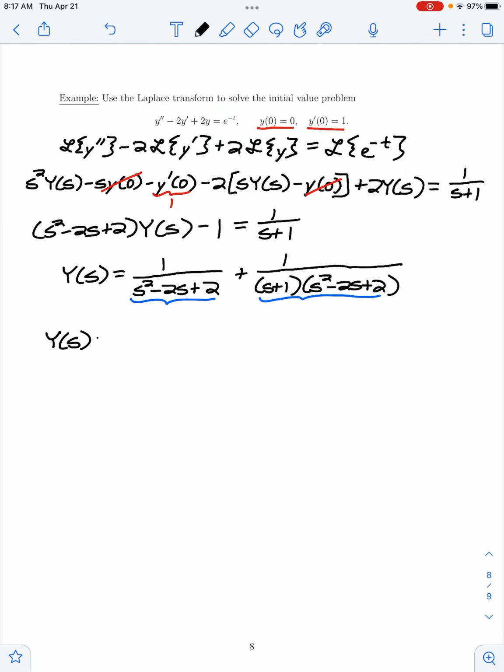So here my capital Y expression, if I rewrite it as a single function by using a common denominator of s plus 1 times s squared minus 2s plus 2, I would have s plus 1 plus 1, so s plus 2, divided by this product, s plus 1 times s squared minus 2s plus 2.